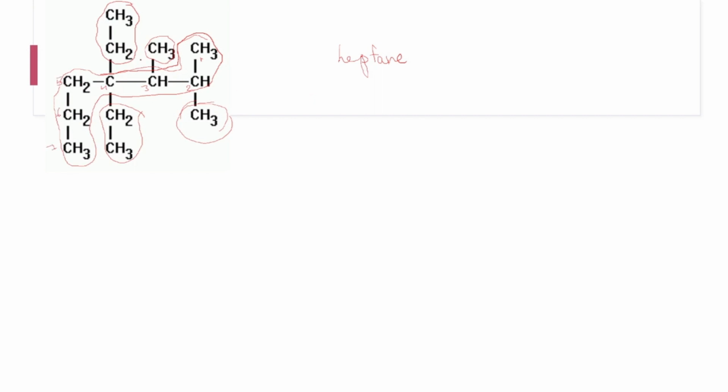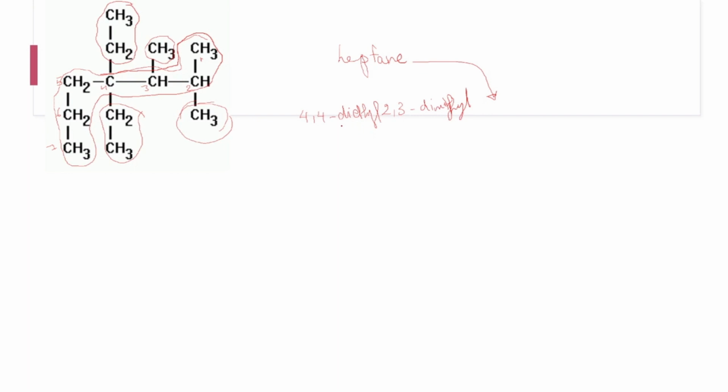So in this case, I'm going to have 2, 3 dimethyl heptane, and also 4, 4 diethyl. So we have 4, 4 diethyl, 2, 3 dimethyl heptane.